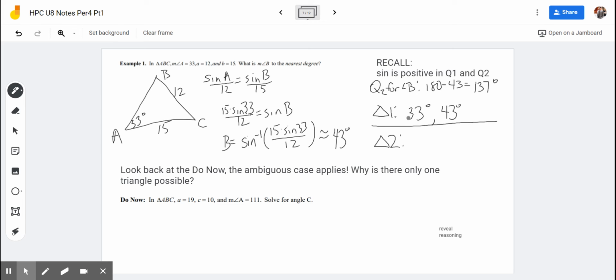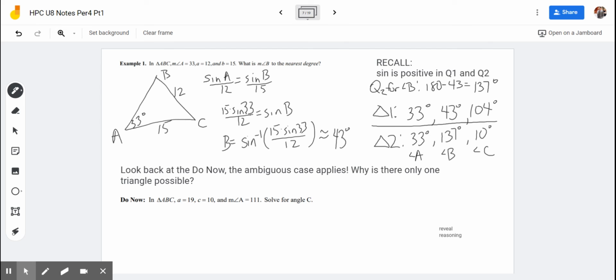And then angle C, if we were to add these two together and subtract from 180, would be 104. For the second triangle, angle A would still be 33 degrees. Angle B would be 137 as a second solution. And then if we were to add these two together and subtract from 180, angle C could also be 10 degrees.